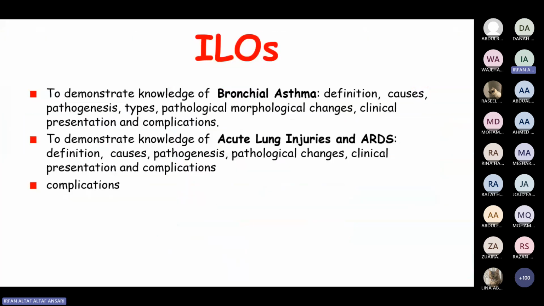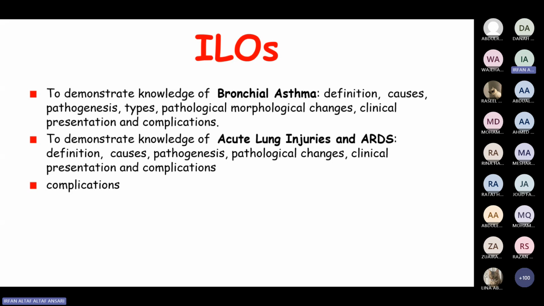Okay. So what are the ILOs for today's class? It is about the knowledge of bronchial asthma: definition, causes, pathogenesis, types, morphological changes you can see in the organs like the lung in asthma, clinical presentation of asthma, and complications. We only have two ILOs today.